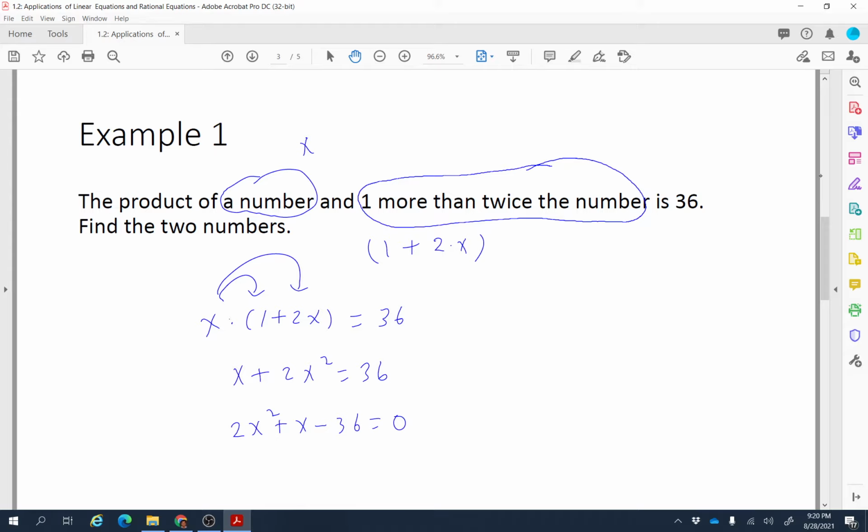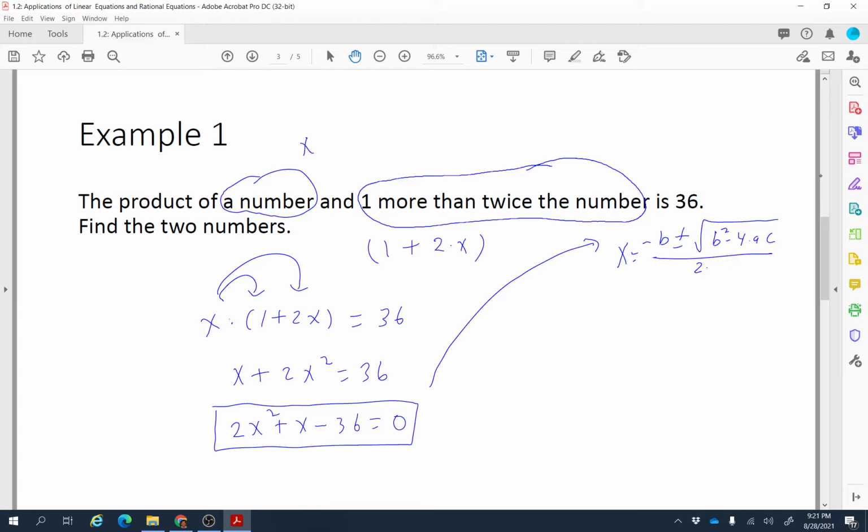If you want to solve this problem, you need to find the value of x. So finding the value of x means solving this equation. We can use the quadratic formula. The quadratic formula is negative b plus and minus square root of b square minus 4 times a times c, divided by 2a, if the quadratic equation is ax square plus bx plus c equals 0.